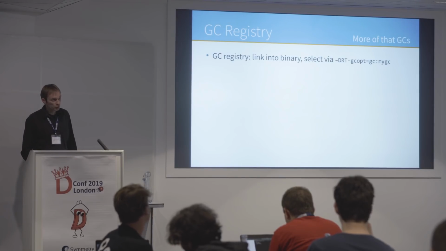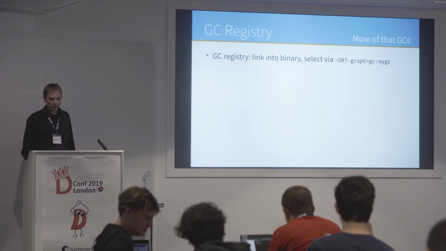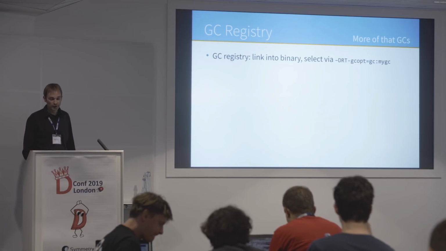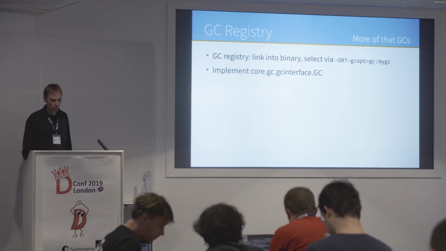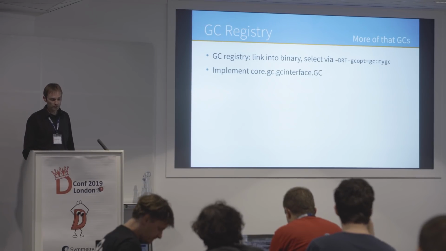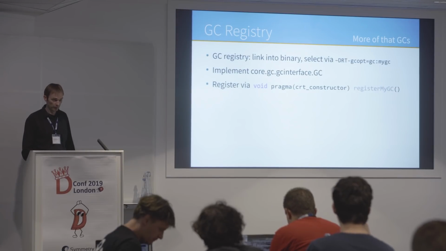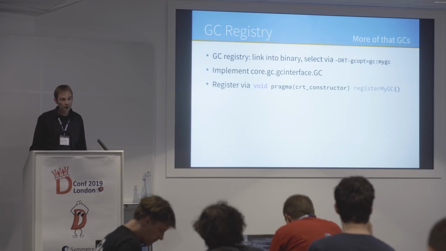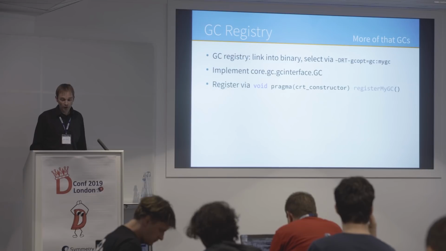In addition, we have an open GC registry where you can link your own garbage collector into your binary and then select it via the same option. This is implemented in core.gc.gcinterface. The interface is defined there, and you have to implement it. You can register it with a C runtime constructor function.